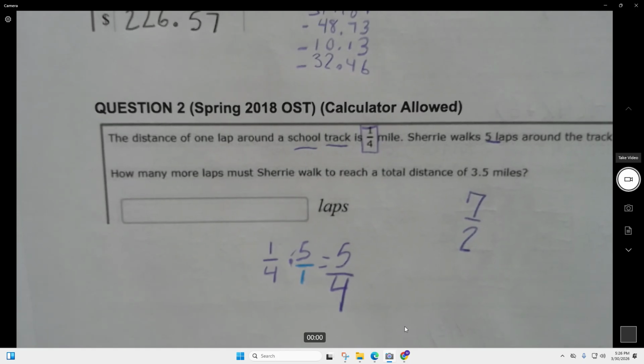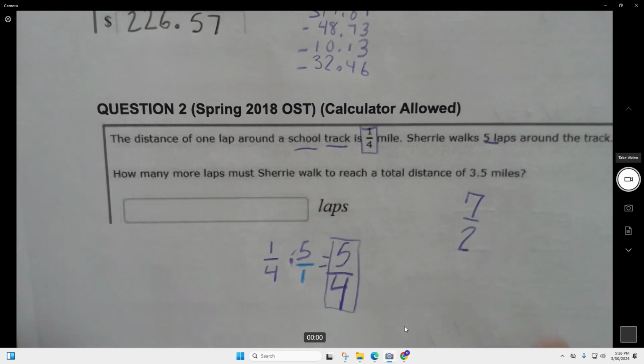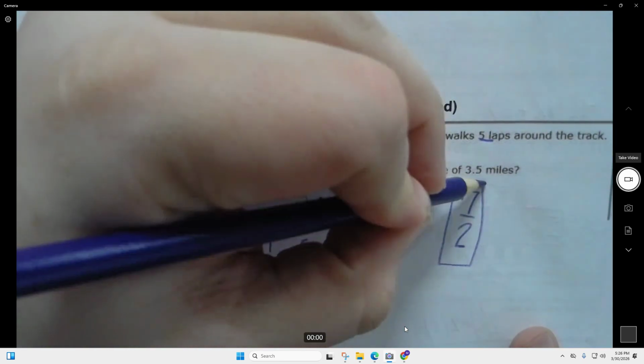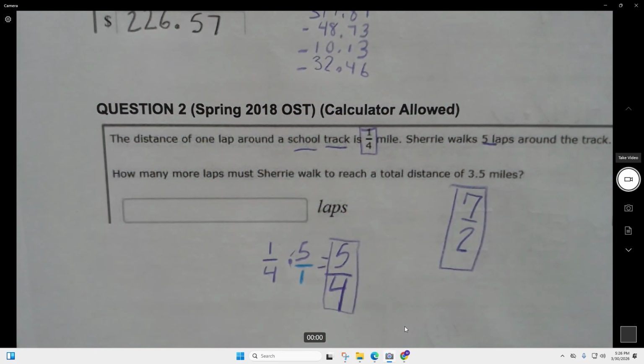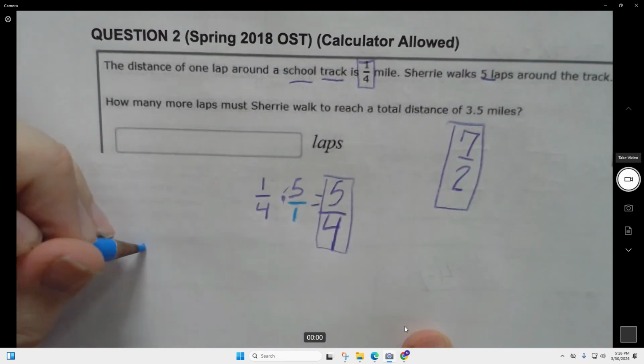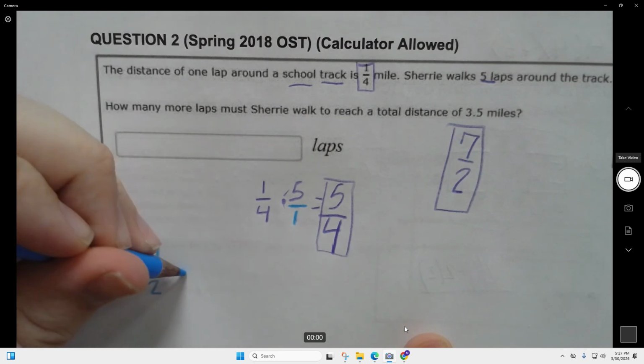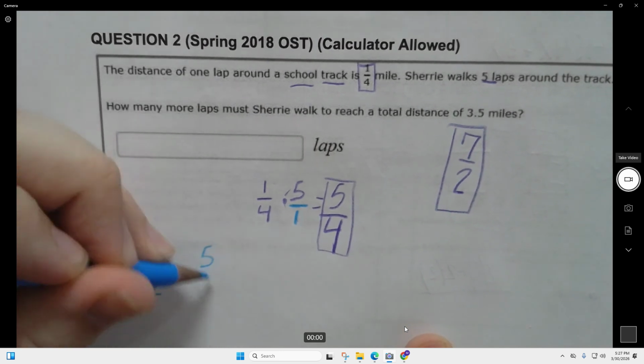So now we've seen how much she's already walked and how much the total distance she wants to walk is. We've got to figure out how much more we need to walk. To do that, we're going to take our total distance that we want to walk, 7 over 2, and subtract out what we've already walked.